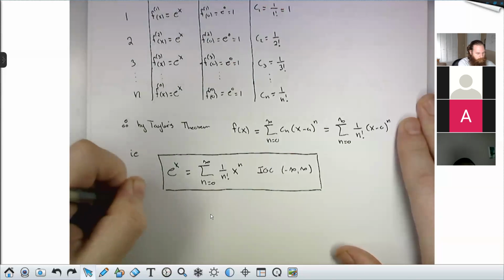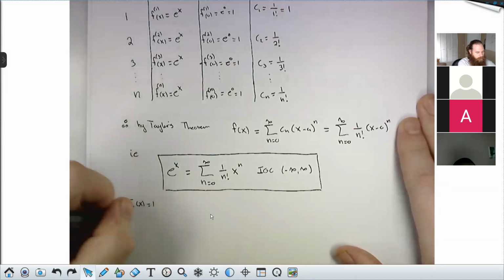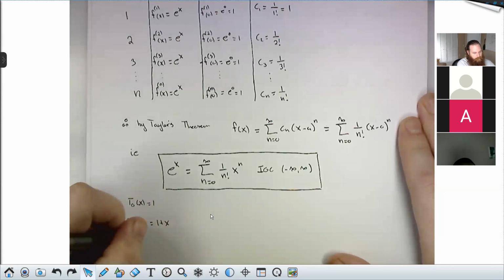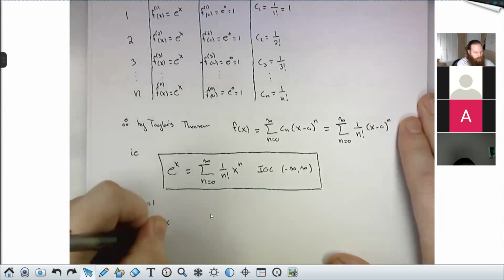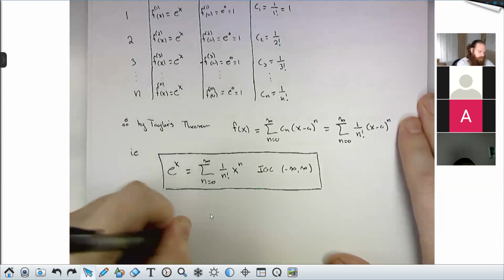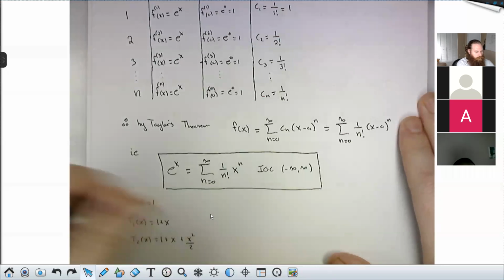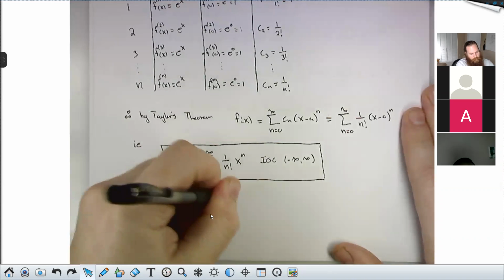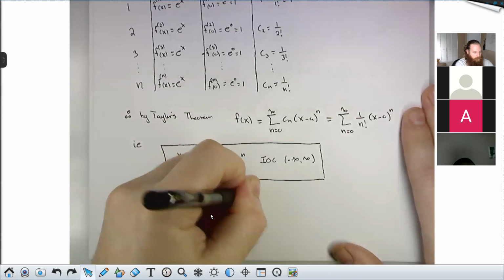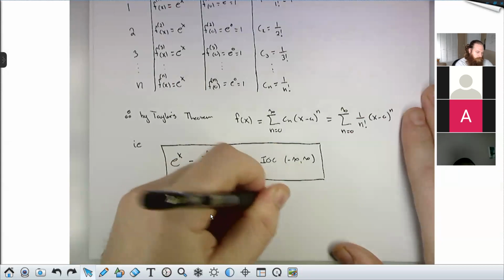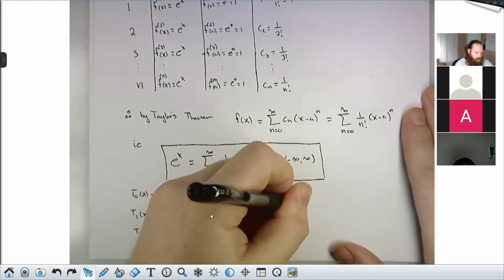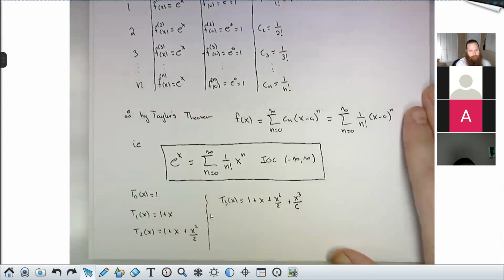Again, T0 here is 1. T1 here is 1 plus x. T2 here is 1 plus x plus x squared over 2. I'll write out a few more. T3 of x is 1 plus x plus x squared over 2 plus x cubed over 3 factorial, which is 6.